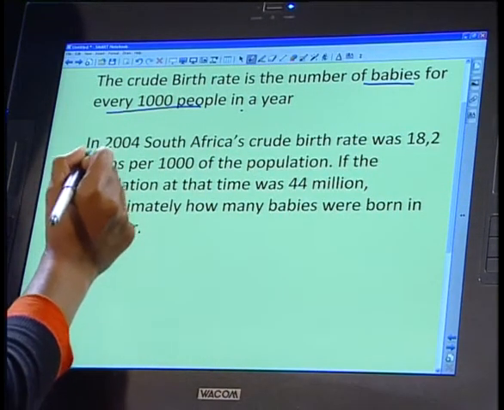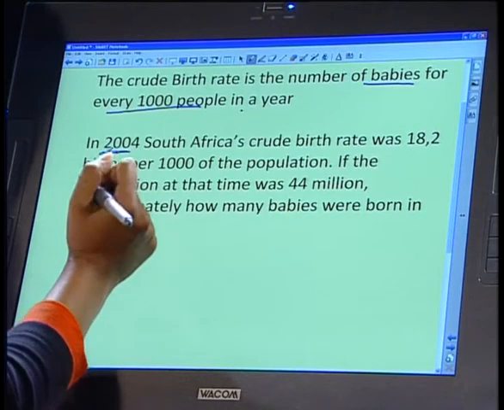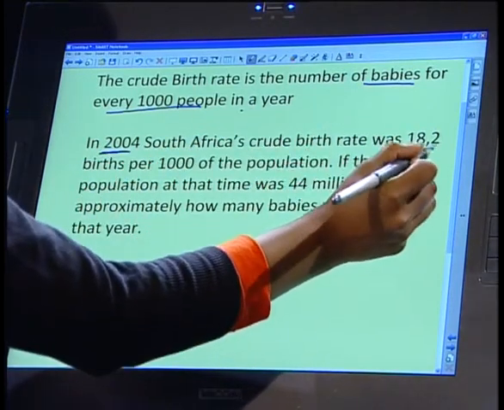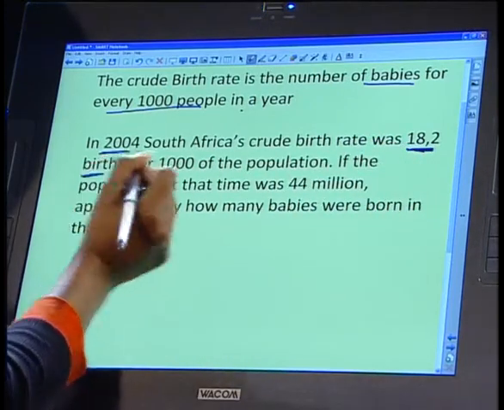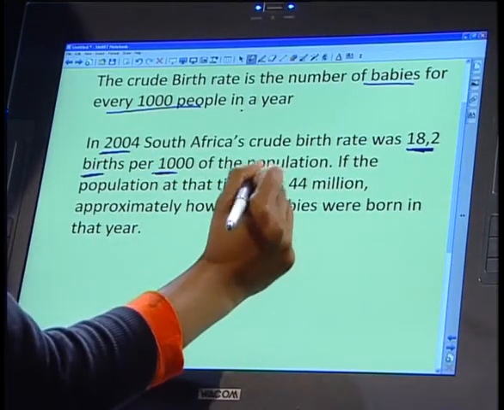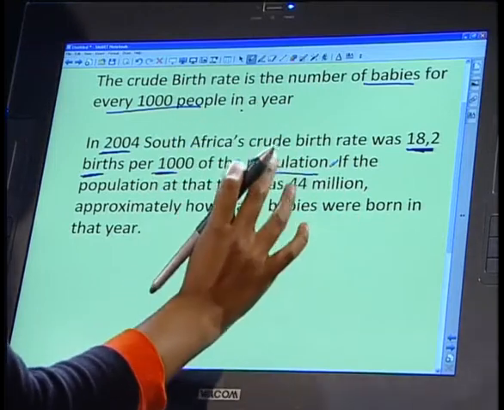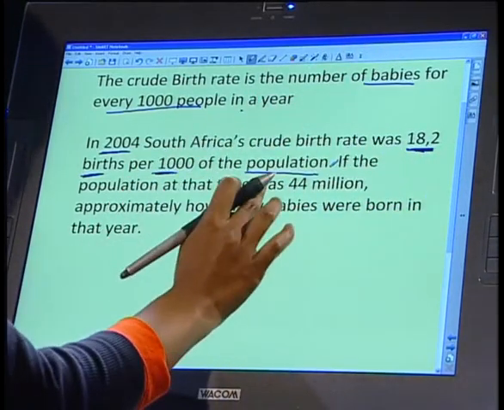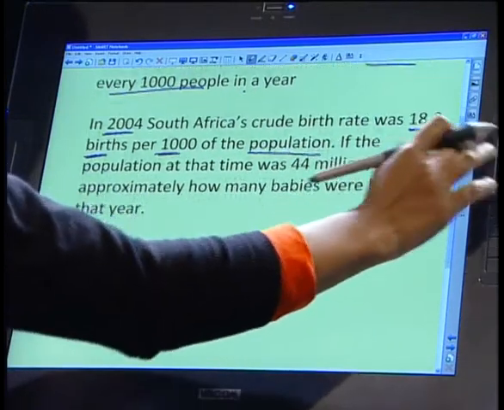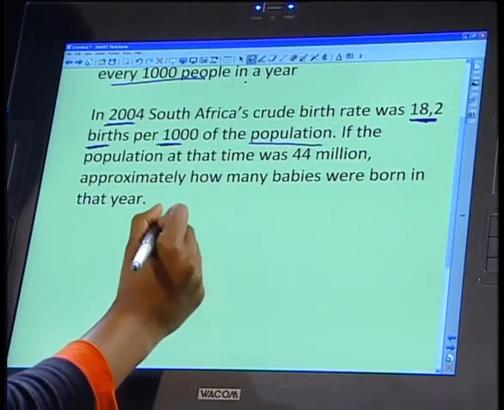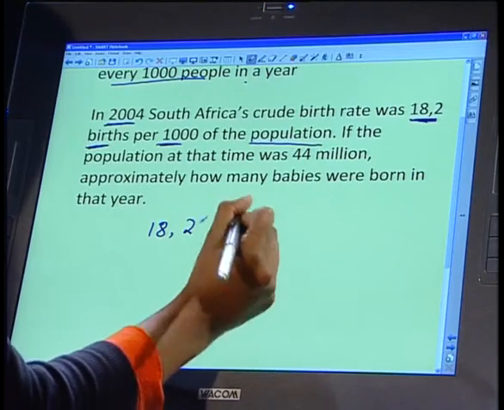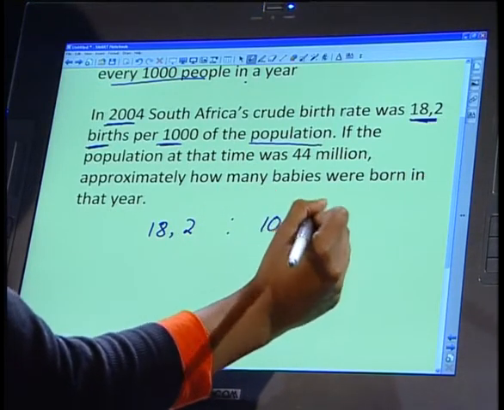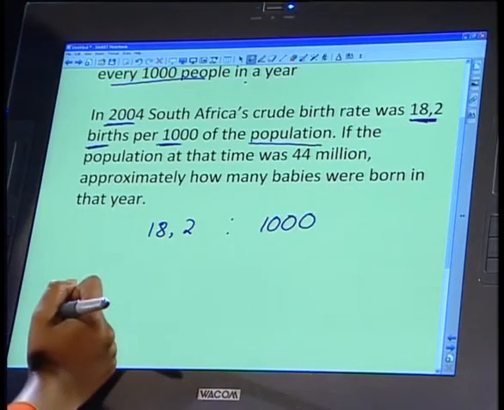The question says, in 2004, South Africa's crude birth rate was 18,2 births per 1,000 of the population. So straight away, because they have given us the crude birth rate per 1,000 of the population, we can already set that up as a ratio and say we've got 18,2 births for every 1,000 of the population.